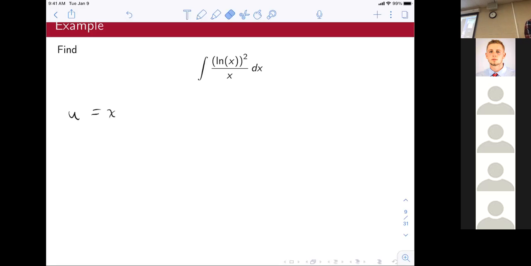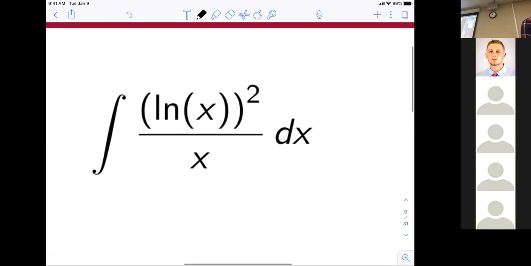That would just be natural log of u squared divided by u. Yeah, that's exactly right. That's the inside function here, I have some function inside of the other function squaring, right?